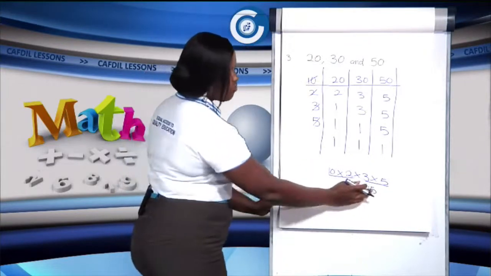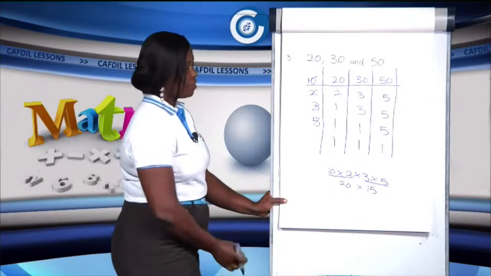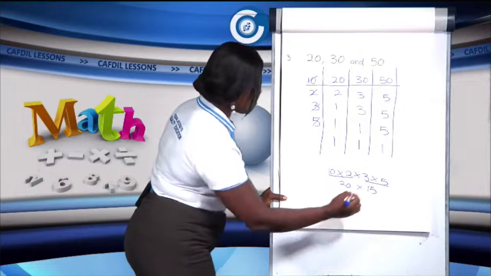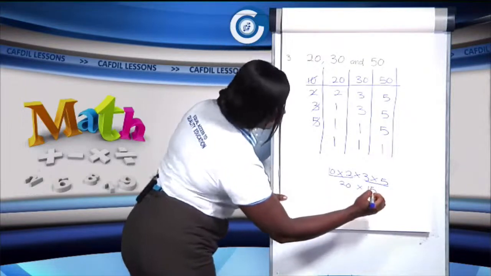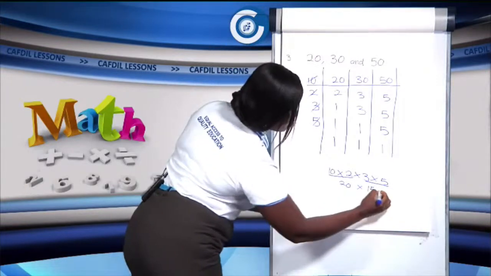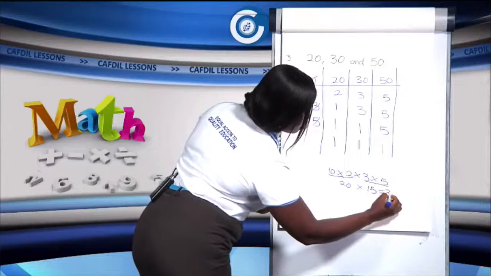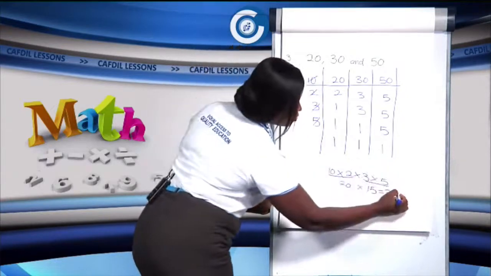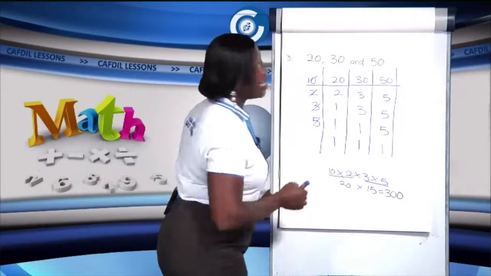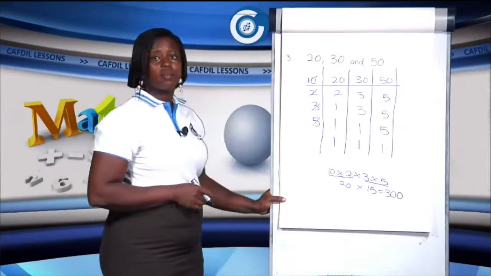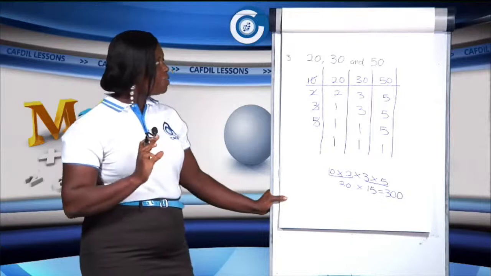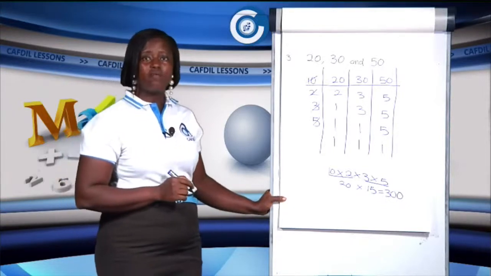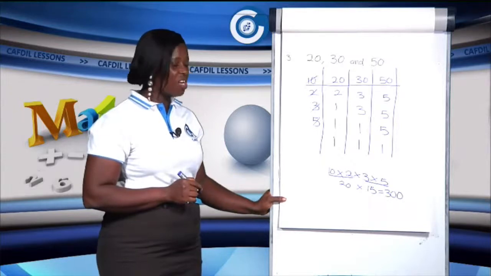So 20 times 15. Let's multiply 15 times 2 as 30. After that, we bring our 0 for us to get 300. Therefore, the LCM of 20, 30, and 50 is 300.